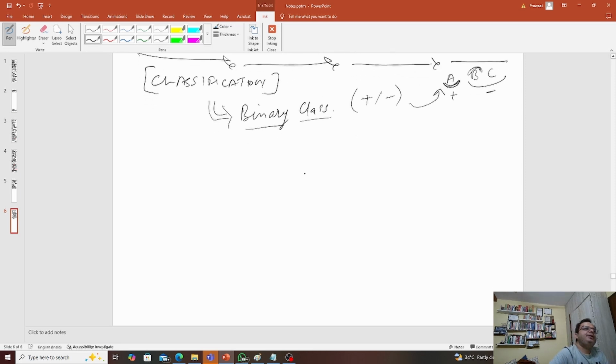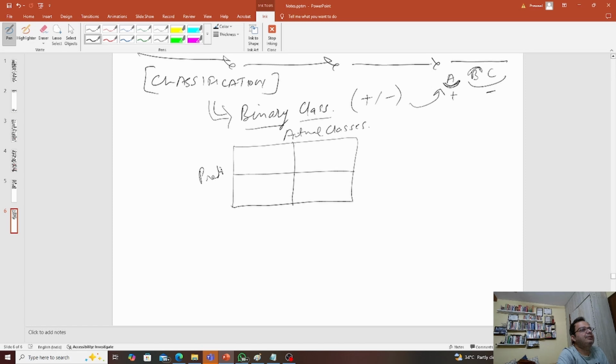So one of the fundamental things that we compute in case of classification is, you know, we create this kind of a matrix. Let's suppose this is your actual classes. Okay, and these are your predicted values.